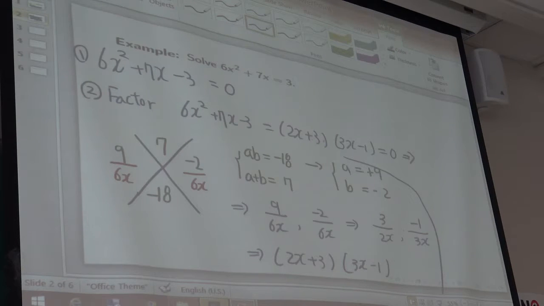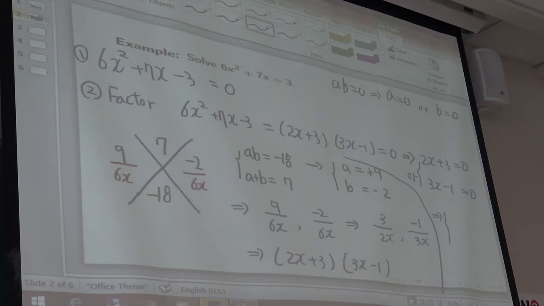2x plus 3 times 3x minus 1 is equal to 0 means A times B is equal to 0, which means either A is 0 or B is 0, right? So either 2x plus 3 is equal to 0 or 3x minus 1 is equal to 0.